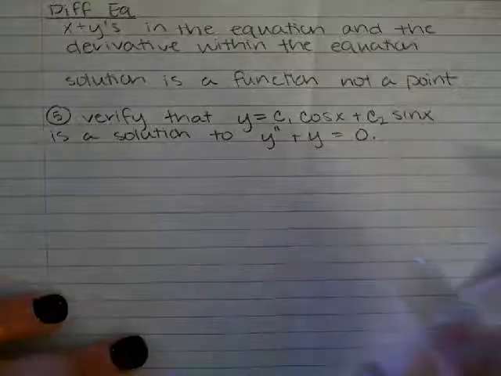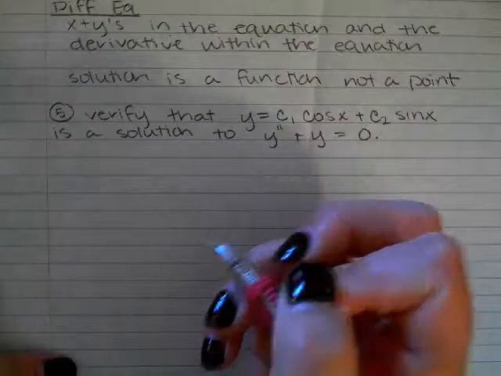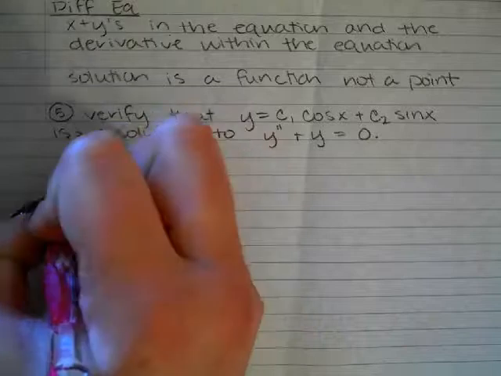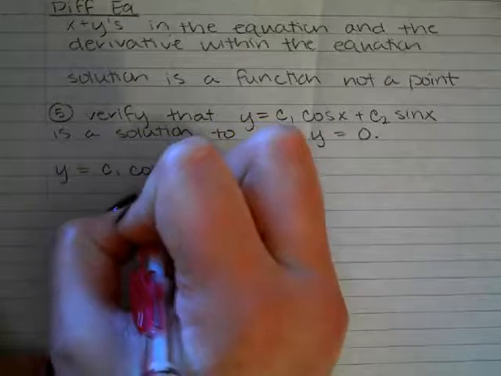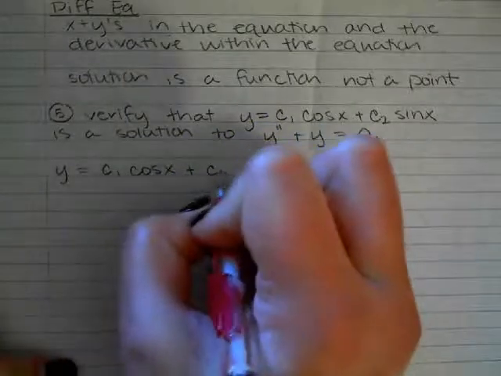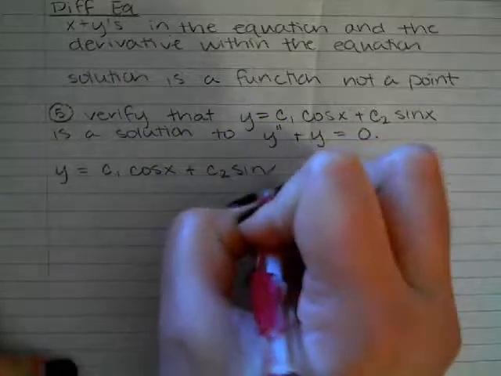Okay, so we're going to go ahead and take the original function y equals c sub 1 cos x plus c sub 2 sine x. That's the original function.